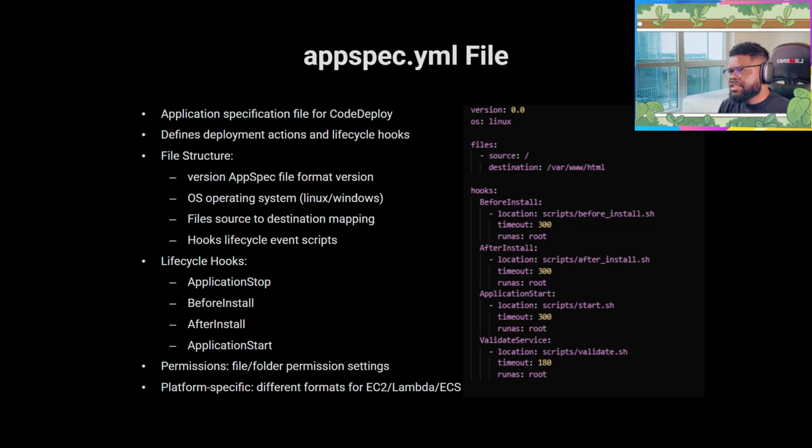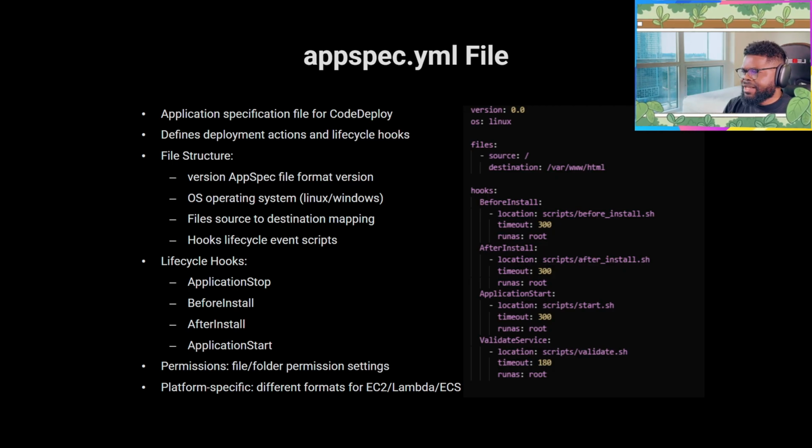Okay, so it defines deployment actions and lifecycle hooks. Those lifecycle hooks can be very advanced, but honestly, it's just a set of steps that need to happen. And we'll see from the sample the events that are happening and exactly which script it is calling, right? Obviously what I have on the right is just a sample. You specify the OS, you specify a set of files that need to be copied from one place to the other, and then you give it hooks to say run this set of instructions, depending on which stage you are at, like application stop, before install, after install, application start.